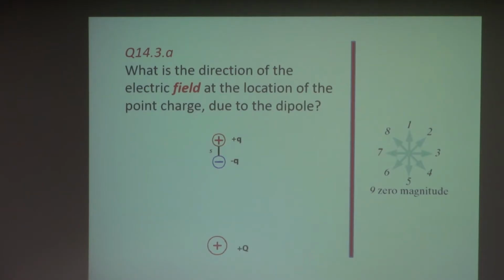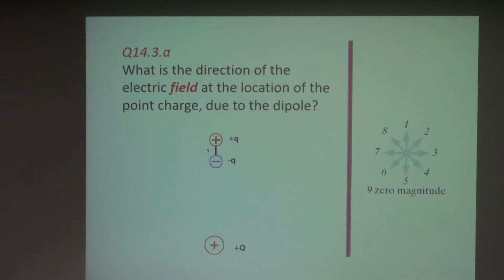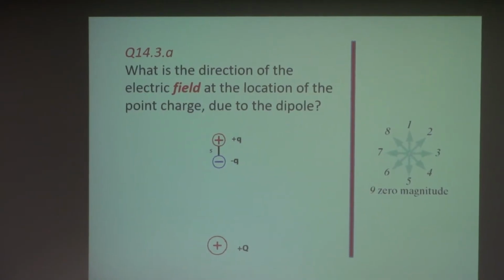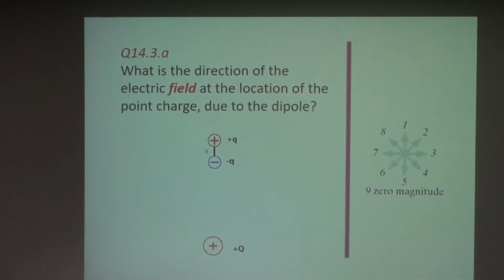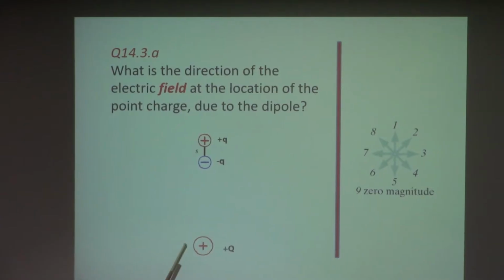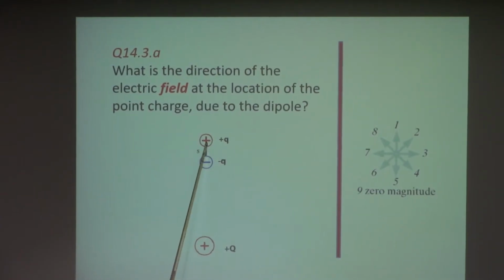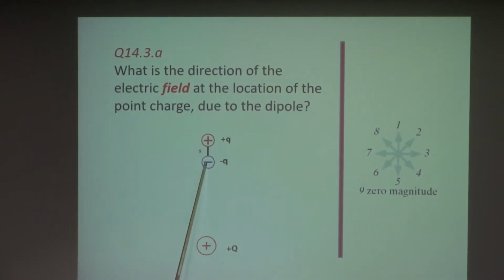Okay, so what's the direction? Yes, the answer is 1. The direction is indeed up. And that's because although both of these charges contribute to the net electric field at this location, which is the observation location, this one's closer, and so it makes a bigger contribution, so the sum ends up being small, but in that direction.